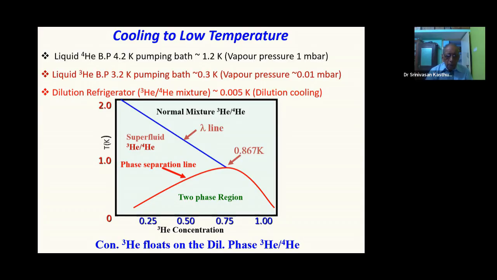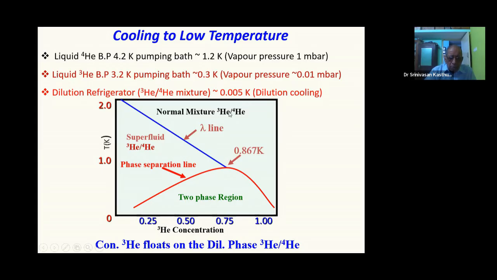Okay. Now the dilution refrigerator actually uses the mixture of helium-3 and helium-4, and the dilution cooling reaches 0.005 Kelvin, or 5 millikelvin. Now you see the phase diagram here, with the temperature on the y-axis and the helium concentration on the x-axis.